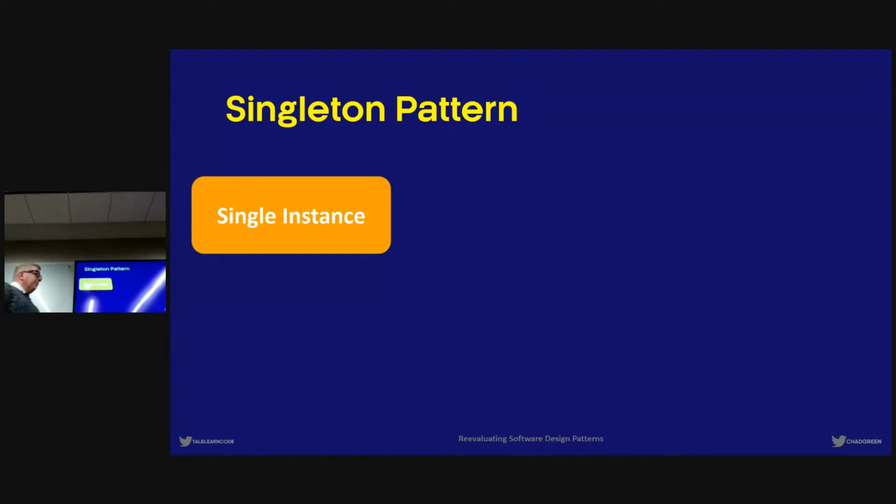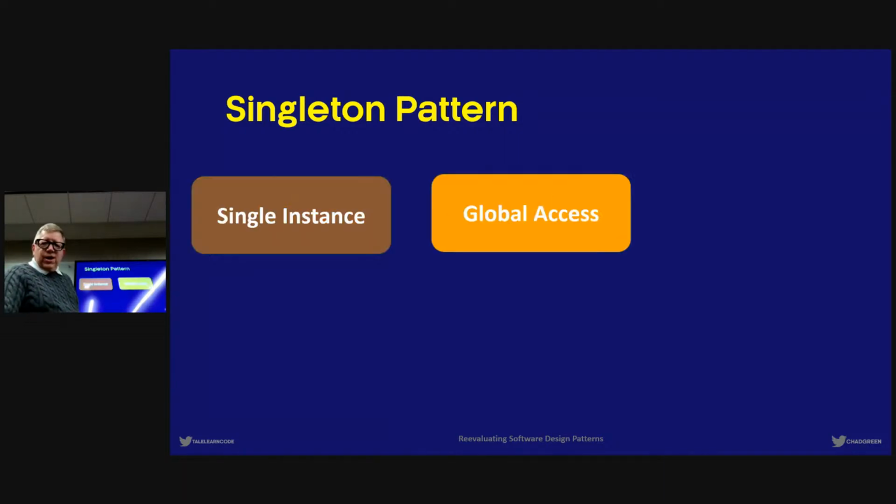One of the things they provide is global access, and that's one of the reasons why people like using the singleton pattern. Anywhere throughout my game, I have access to that, because it's a reserved memory space. It's there, and it's available. So it is very useful for that.